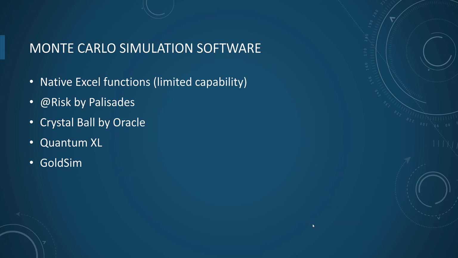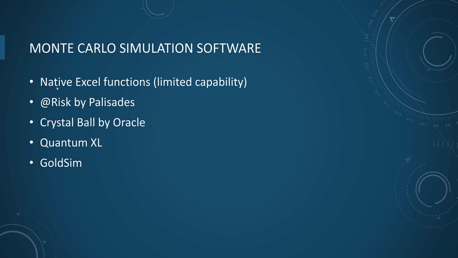Now for Monte Carlo simulation, we have lots of options in terms of what software platform we can use. We can even use the native Excel functions. There is a VLOOKUP function, a new XLOOKUP function, and lots of probability functions available in Excel, and we can use all of those to set up a Monte Carlo simulation model.